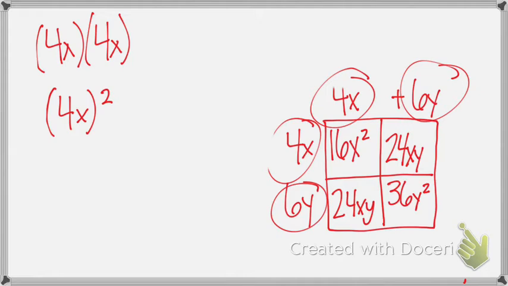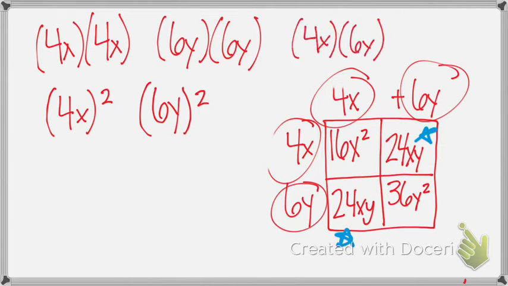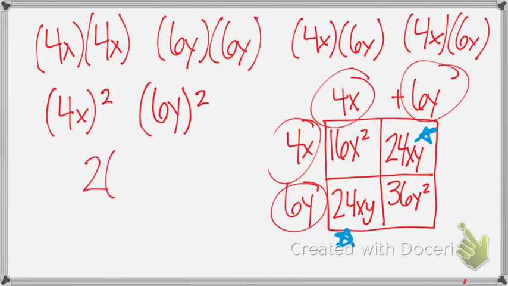So I've got a 6y and a 6y, which is the same thing as 6y squared. How in the world did I get this and this? I multiplied what 2 things though? Okay, so now I've said 4x and 6y. And how many times did I do that? I did that twice. So how many of those pairs do I have? 2. Oh, okay.